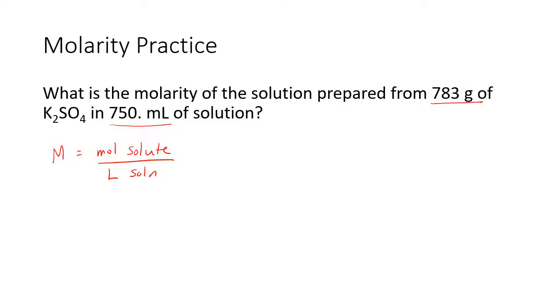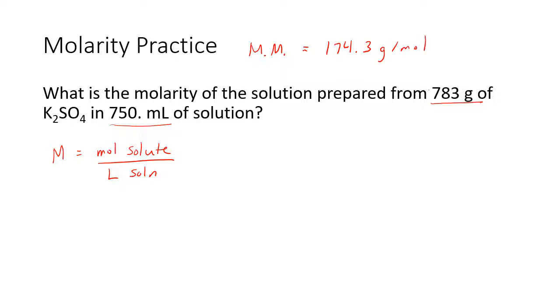We know our grams and we know our total volume. So for potassium sulfate, we're going to have to calculate our molar mass of K2SO4, and our molar mass should be about 174.3 grams per mole.